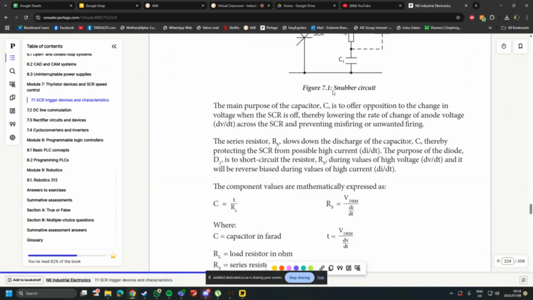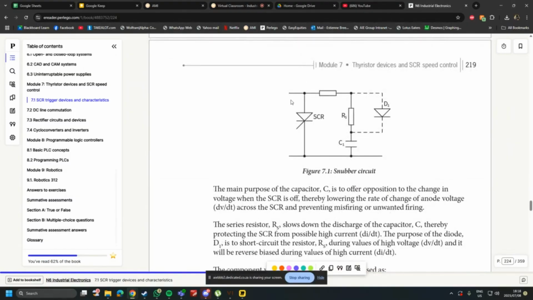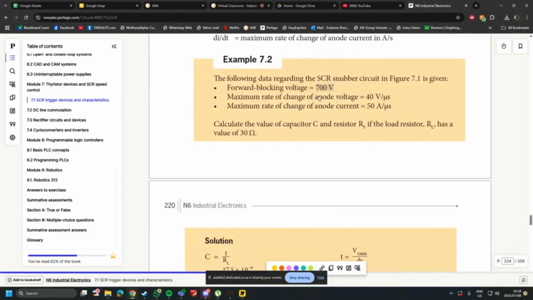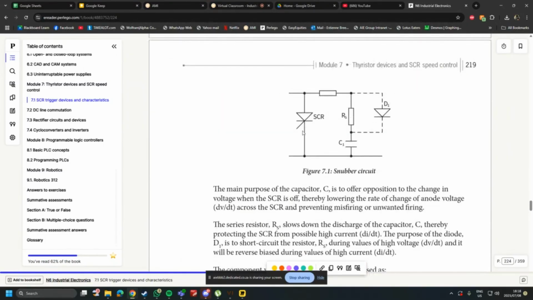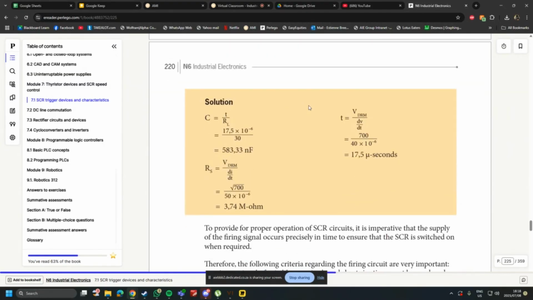It's the voltage that the SCR needs to be able to block in forward conduction mode, or rather, if it was a diode, if you apply forward voltage on it, it needs to be able to block 700 volts in this case. That is without applying a gate signal. When you apply a gate signal, that forward voltage then becomes 0.7 volts if it's a silicon SCR.